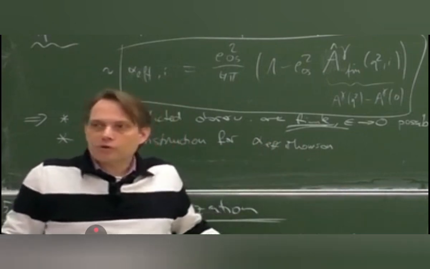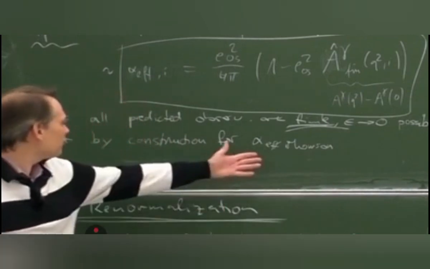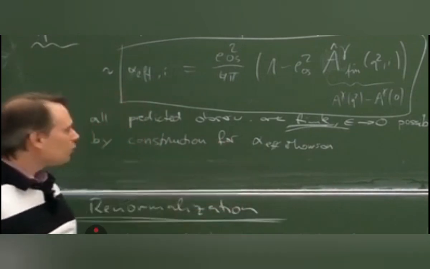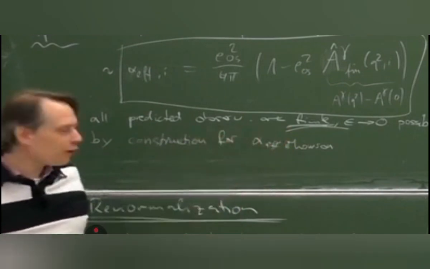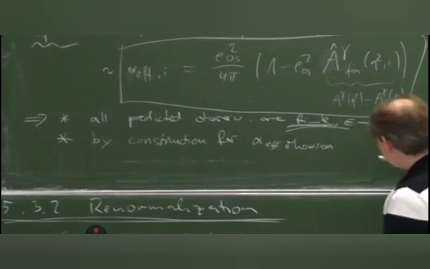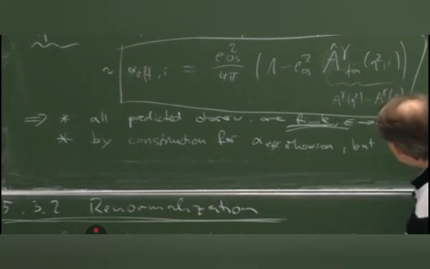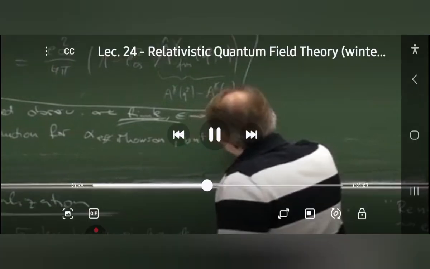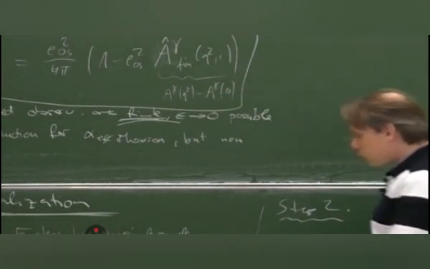The delta e cancelled everything, including the divergence, so therefore this is by construction finite. But for all the other infinitely many observables, it's a non-trivial fact that the finiteness emerges simultaneously. And that is what we discussed yesterday. Yesterday we discussed that we can only hope that it will cancel for all observables, and now we see that it does.